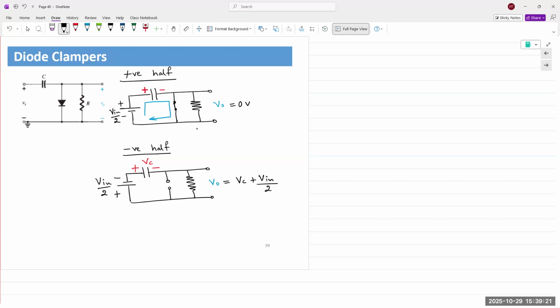And so if I was to draw a waveform, and for simplicity's sake, instead of a sine wave, let's go with a square wave. If this is my V in, and I'm drawing V out.